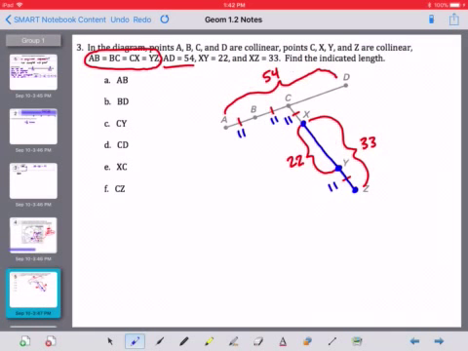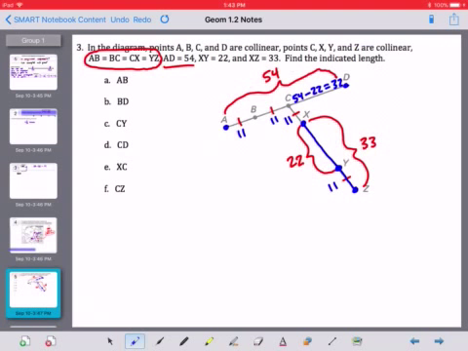Okay, so now I know that from A to C is 22, and this whole thing from A to D is 54. So if I subtract 54 minus 22, I end up with 32 units for CD. So now I know each and every piece.